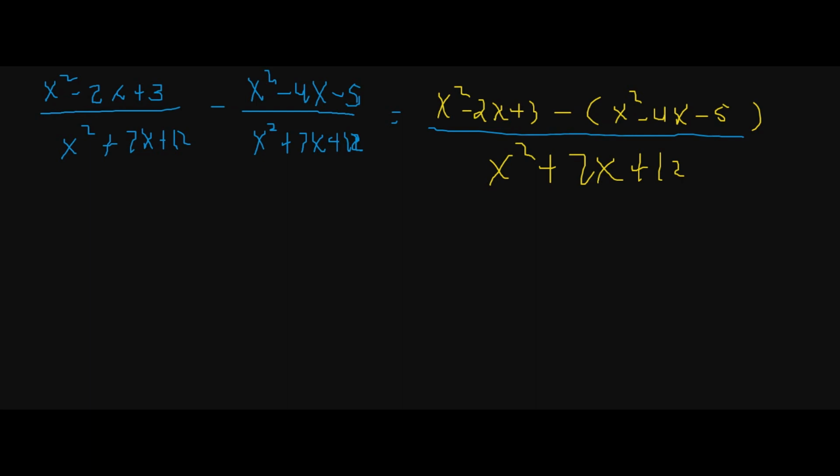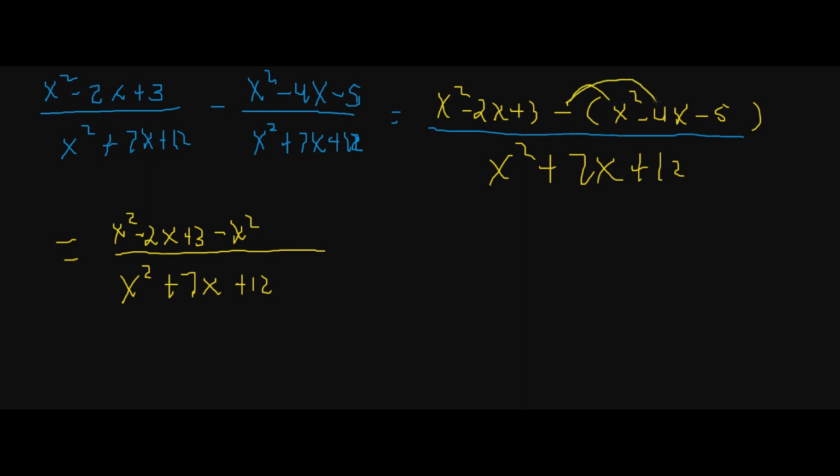So if I rewrite this, I'm going to get x squared minus 2x plus 3, the first term stays the same, minus x squared, minus negative 4x, so it's going to turn into a positive 4x. And then minus negative 5 turns into a positive 5.